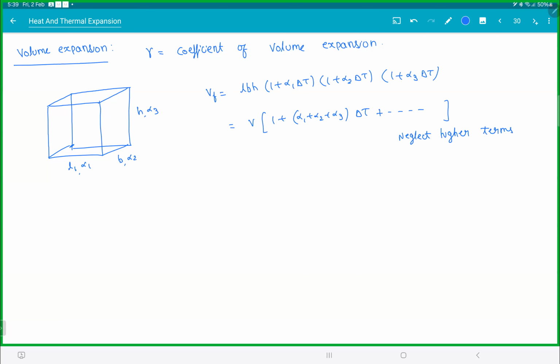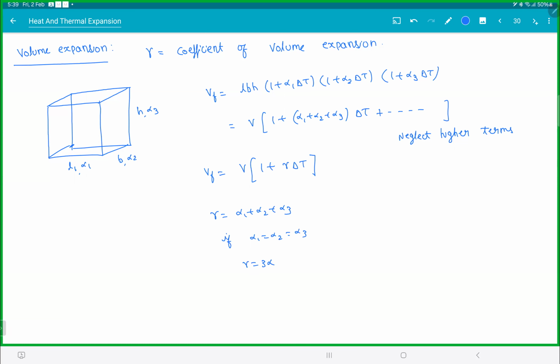You can do this because alpha is quite small. Then you end up with V final is V into 1 plus gamma delta T. More than beta, gamma is quite important. So here gamma is alpha 1 plus alpha 2 plus alpha 3. If alpha 1 is equal to alpha 2 is equal to alpha 3, then gamma becomes equal to 3 alpha.